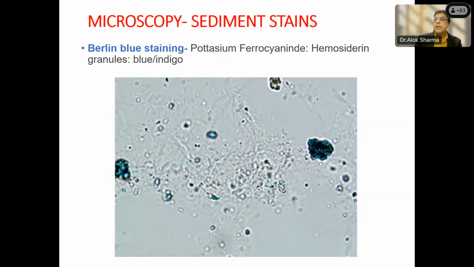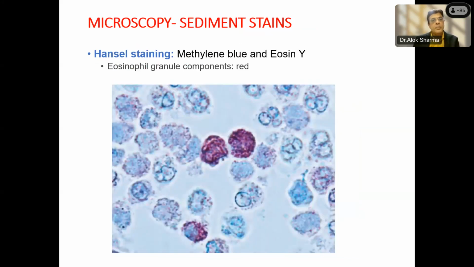The Berlin blue has potassium ferrocyanide in it, and it reacts with the hemosiderin granules, giving them a bluish indigo color. You can see the stain here in the picture given below. The bluish colored structures or cells contain hemosiderin, and then you can suspect a hemolytic process which is going on, and the cells are getting stained by iron.